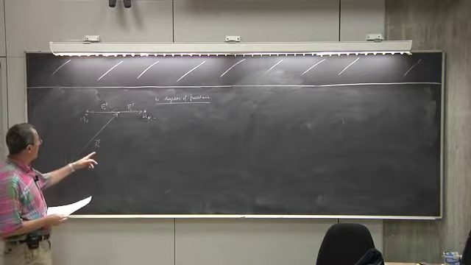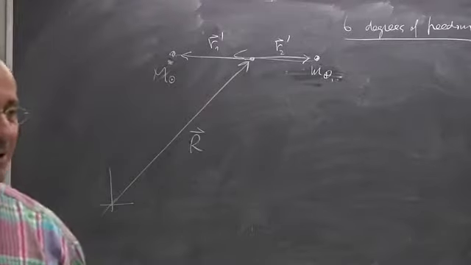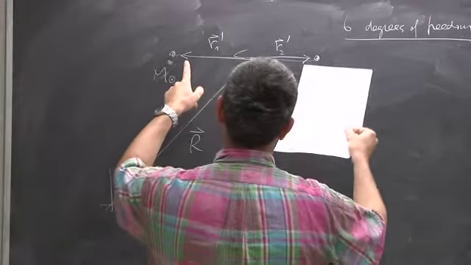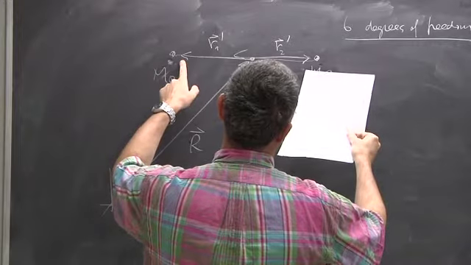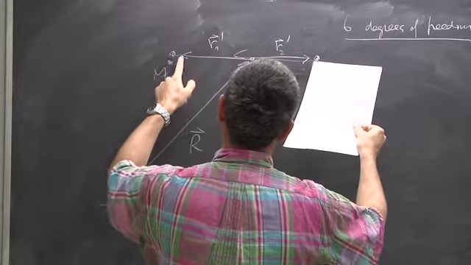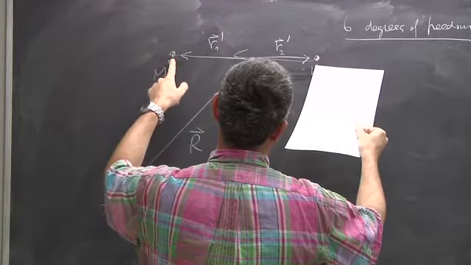So you may wonder, now I have 3 vectors, so I have too many things. But the truth is that this R1, R2, their sum is the total distance between the 2, right?